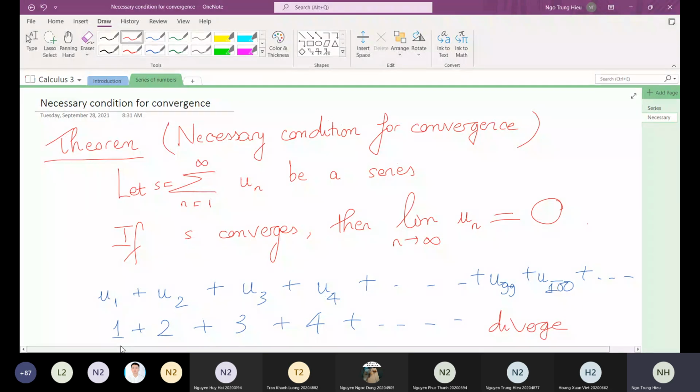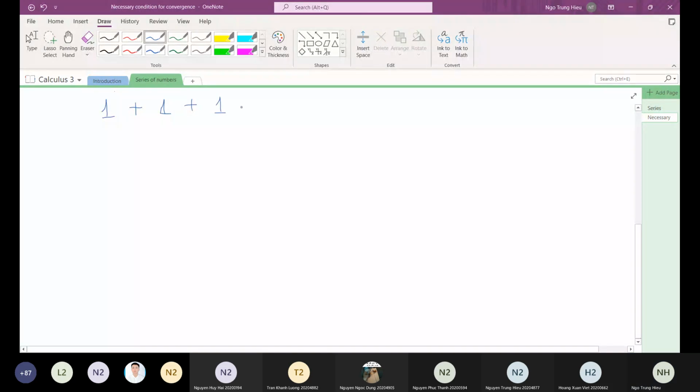Or if you have even 1 plus 1 plus 1 plus 1 and so on, we saw before that this series diverges, because the individual terms are going to 1, they are not going to 0.